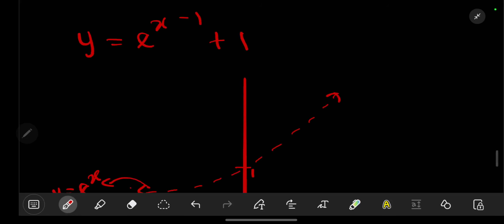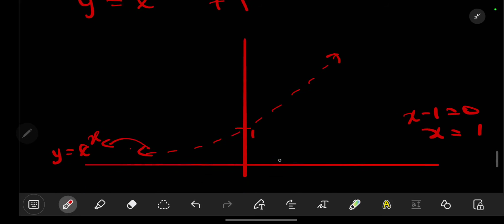Then if we add the shift of minus 1, it will be x minus 1 equals 0, so x equals positive 1. So this is going to move to x equals positive 1.